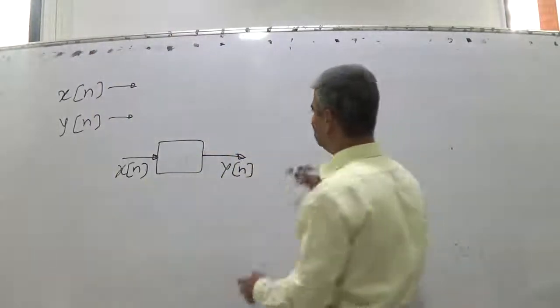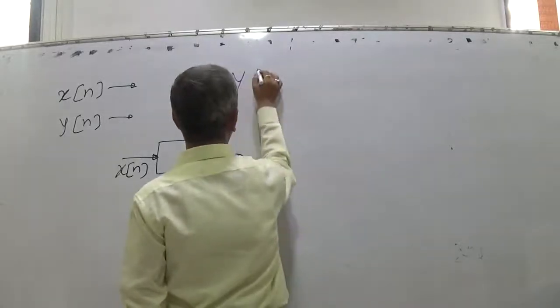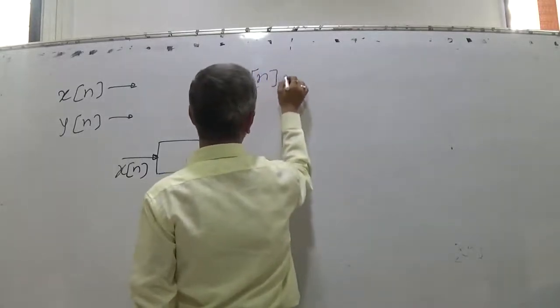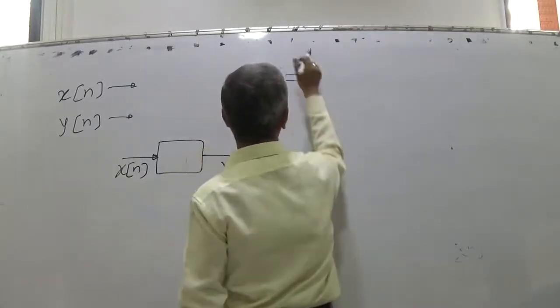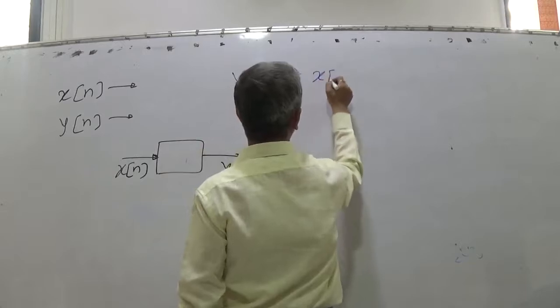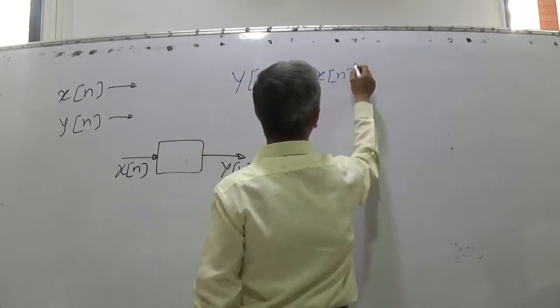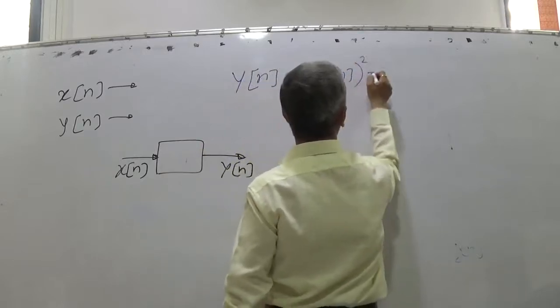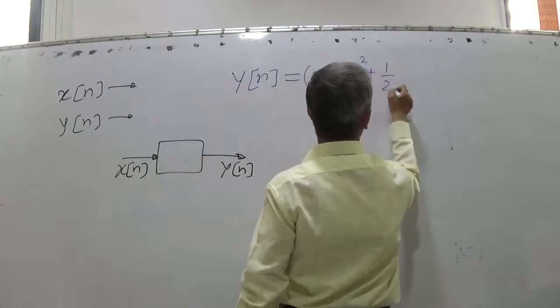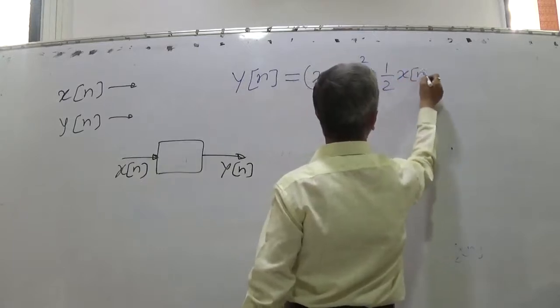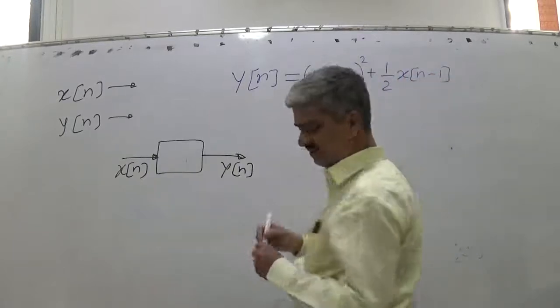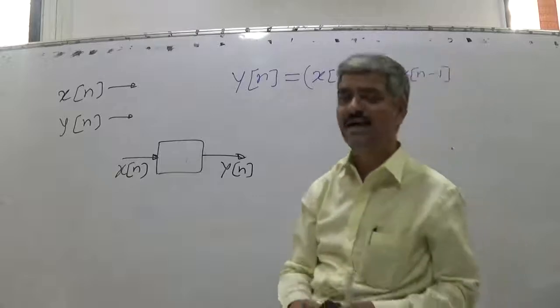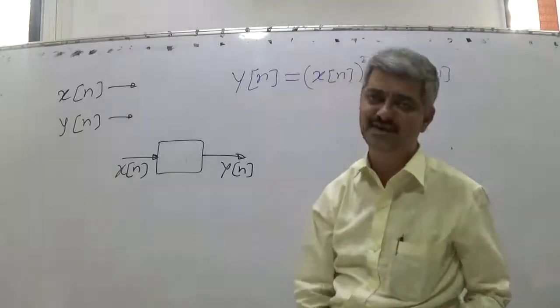But that is not necessarily the only thing we can have. There can be a system which you can easily implement using a computer: y[n] = x²[n] + ½x[n-1].